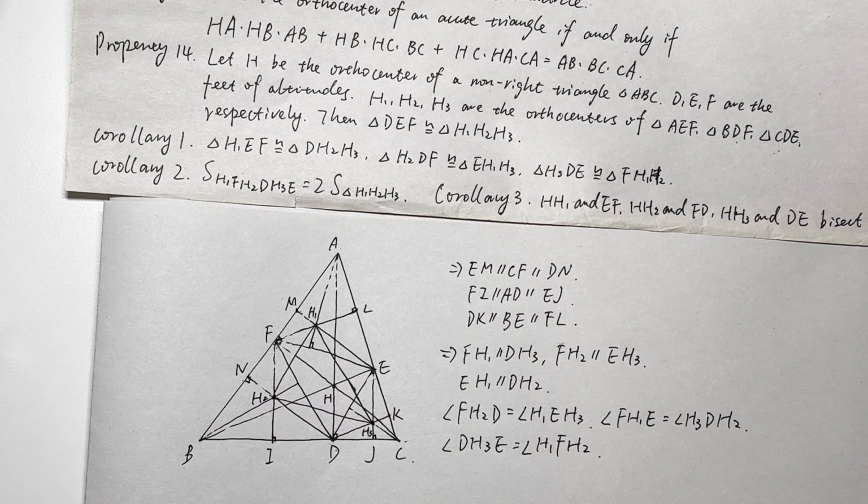Or just think about another way, because H1, H2, H3 are kind of symmetrical. So actually, when we prove one side is equal, we basically prove that all of the sides of H1, H2, H3 are equal to the sides of the triangle DEF respectively, right?